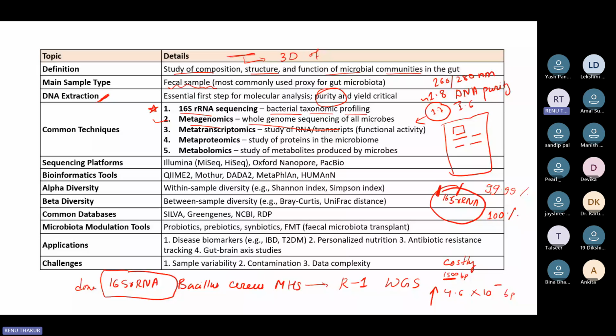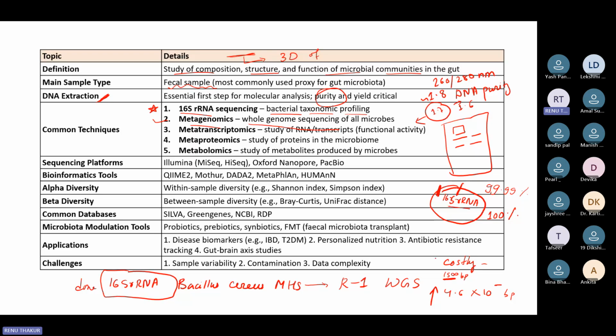So this is costly, around 20K, 25K. It also depends from institute to institute, but basically you will need 20K for a whole genome sequencing. And this is a very tedious task. You have to go for the whole stretch of the genome. So this is time taking also. So only 16S rRNA is fine.